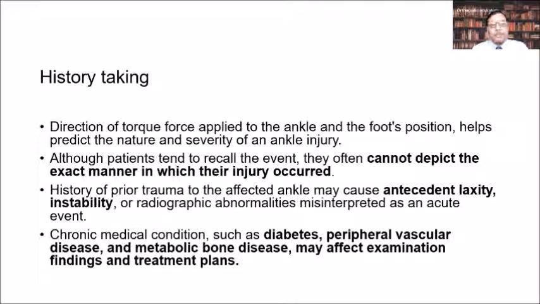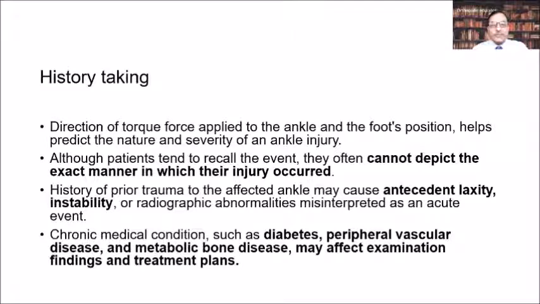Sometimes a history of prior trauma is important for a doctor to know because there will be antecedent laxity and instability, and then there will be a likelihood of more trauma caused to the patient at the present time.